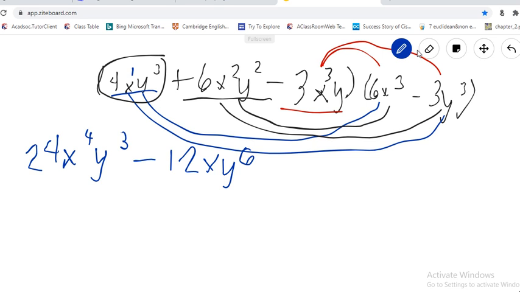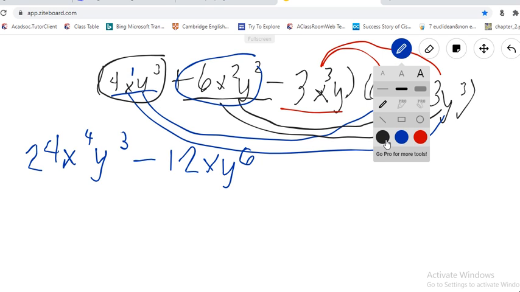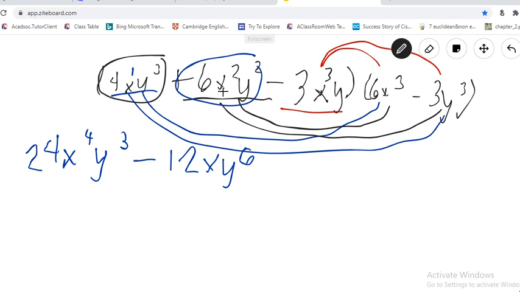Okay. Next, here we go to the second term, which is 6x squared y squared. We will use the black ball pen. So, positive and then positive. So, 6x squared y squared multiplied to 6x cubed. That will give us positive 36x raised to 5 y squared.